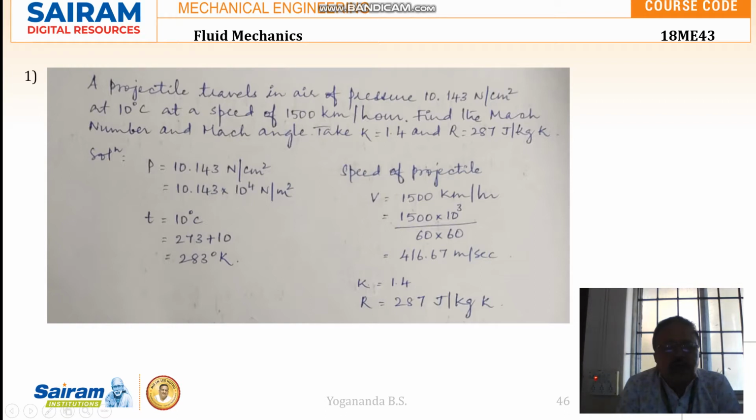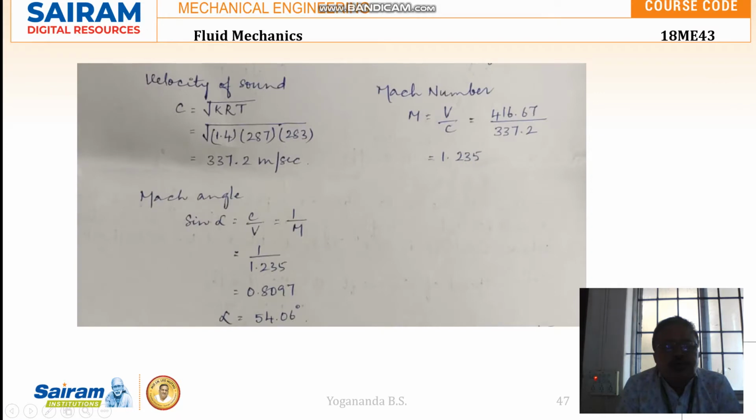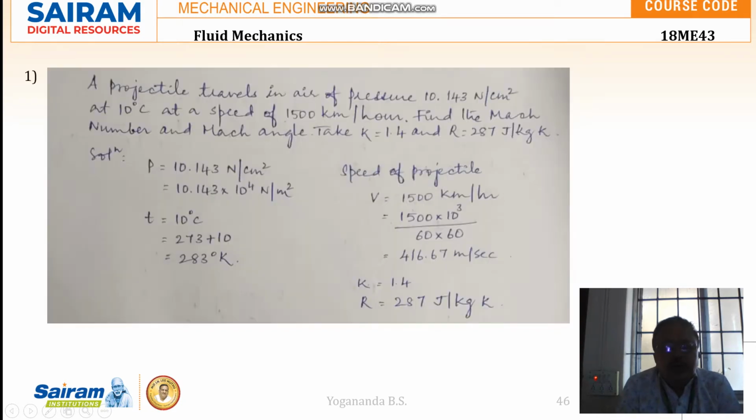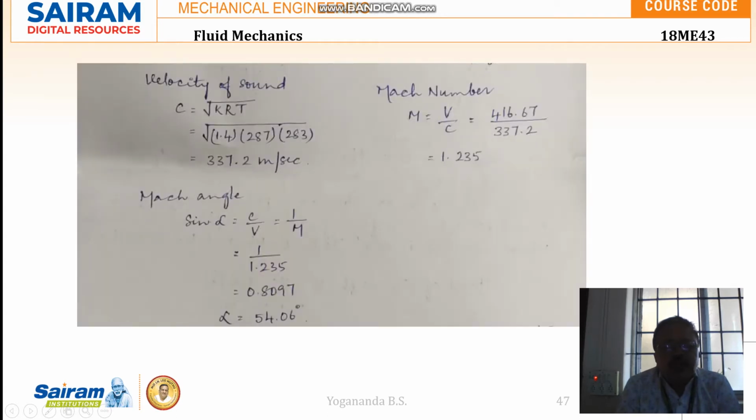Given K is 1.4 and R is 287 joules per kg Kelvin. To find the Mach number, M is equal to V by C. We know the speed of the projectile, that is 416.67 meter per second.